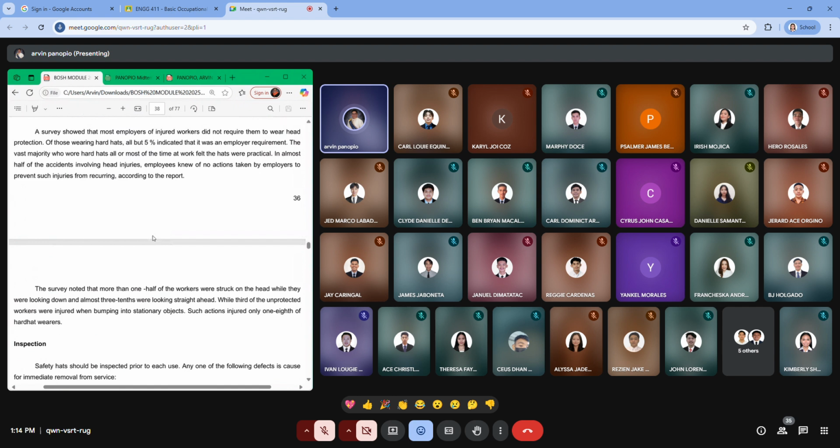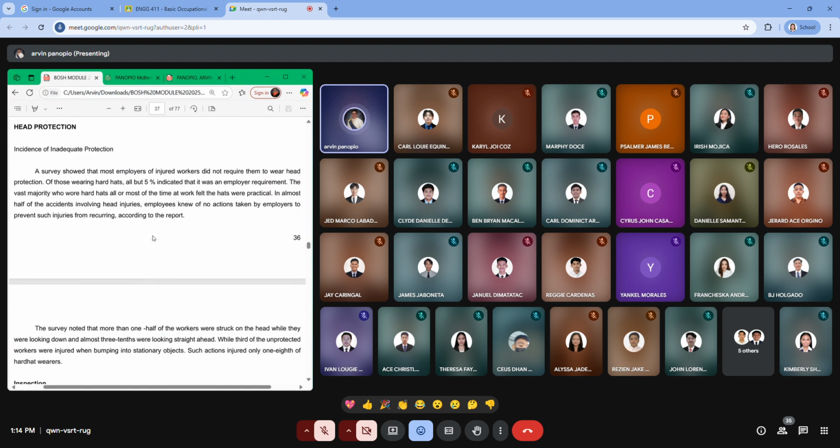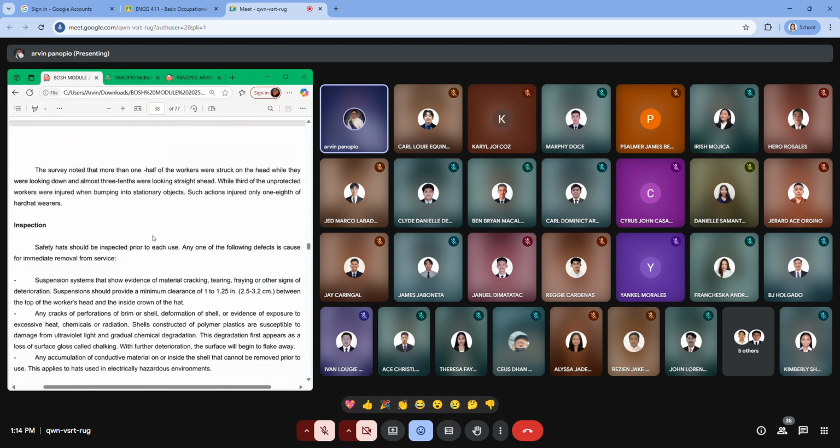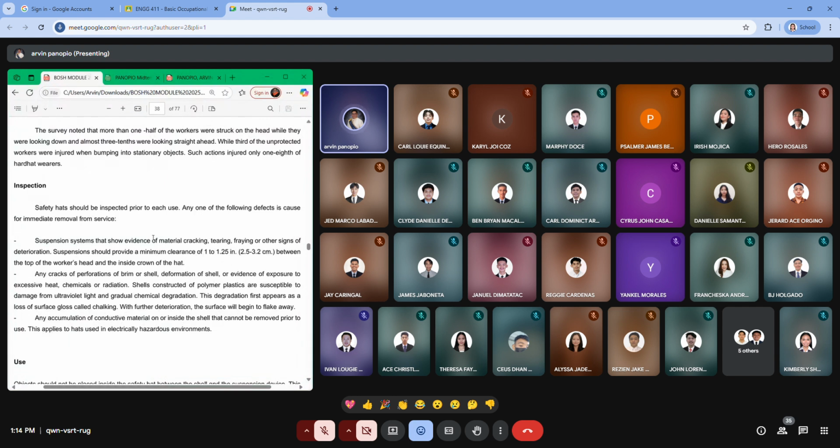So, that is the protection for the head. And inspection of that hard hat: alam niyo, 'di ba alam niyo yung hard hat, merong parang plastic na naka-bend before the top of the hard hat, yung surface ng hard hat.